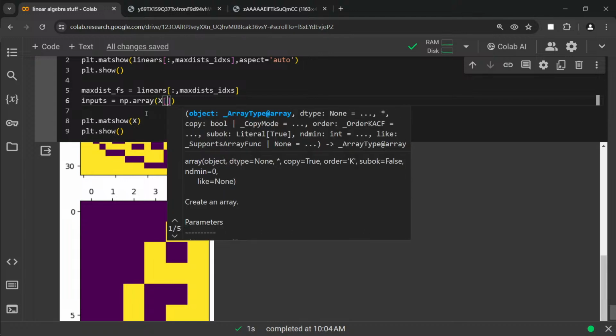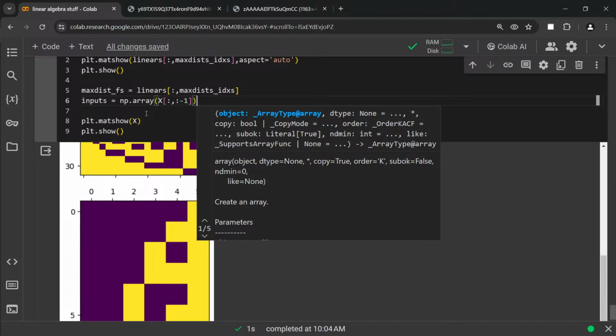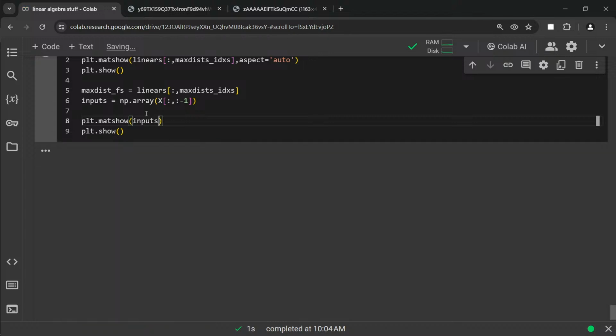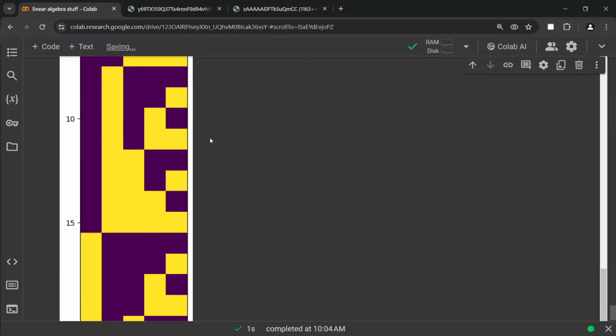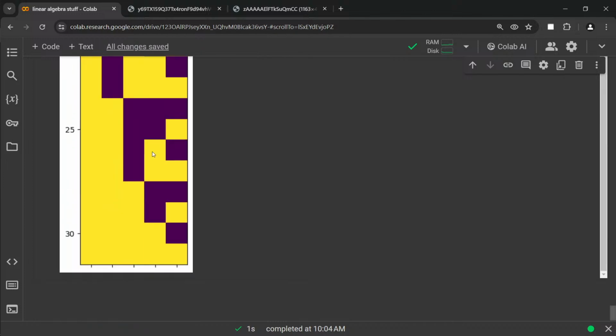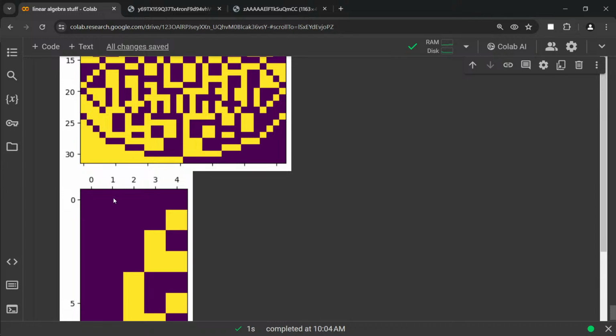All of the rows, drop the last column. Inputs are just your binary numbers in 5 dimensions. So this is 0, 0, 0, 0, 0, and then 0, 0, 0, 1, and so forth.